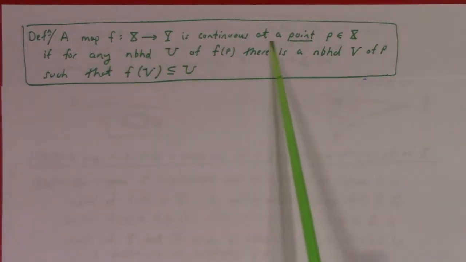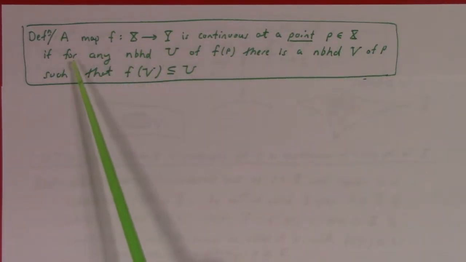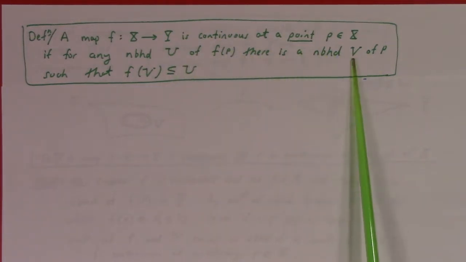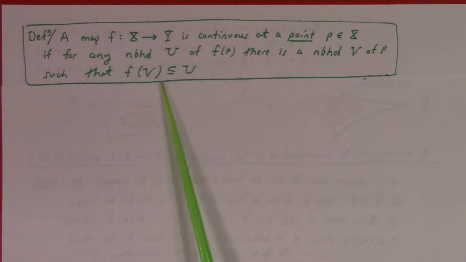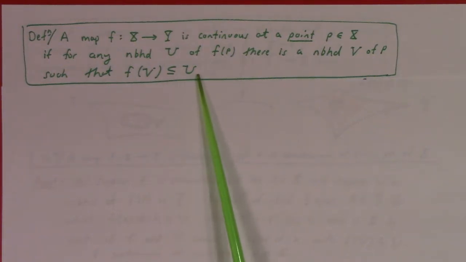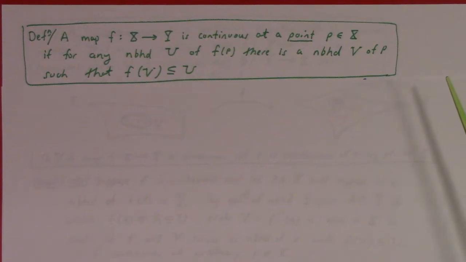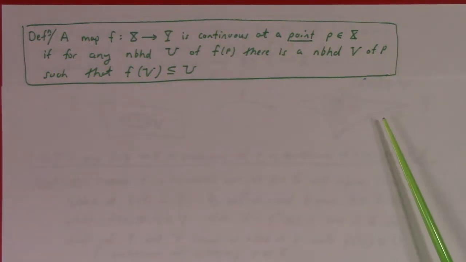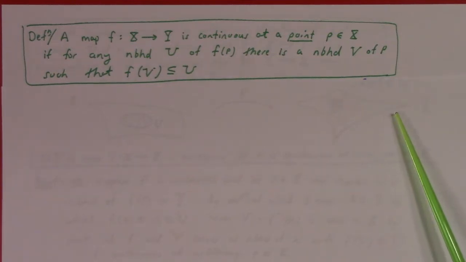Okay, so continuous at a point P if for any neighborhood U of f of P, there is a neighborhood V of P such that f of V is a subset of U. I think you could recast this definition in terms of inverse images if you wanted.